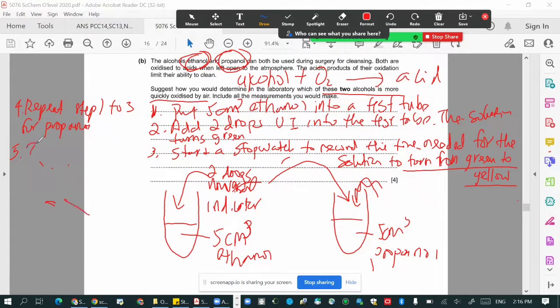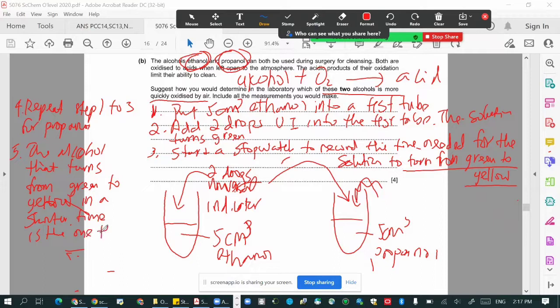So you can just say that the alcohol that turns from green to yellow in a shorter time is the one that is more quickly oxidized by air.